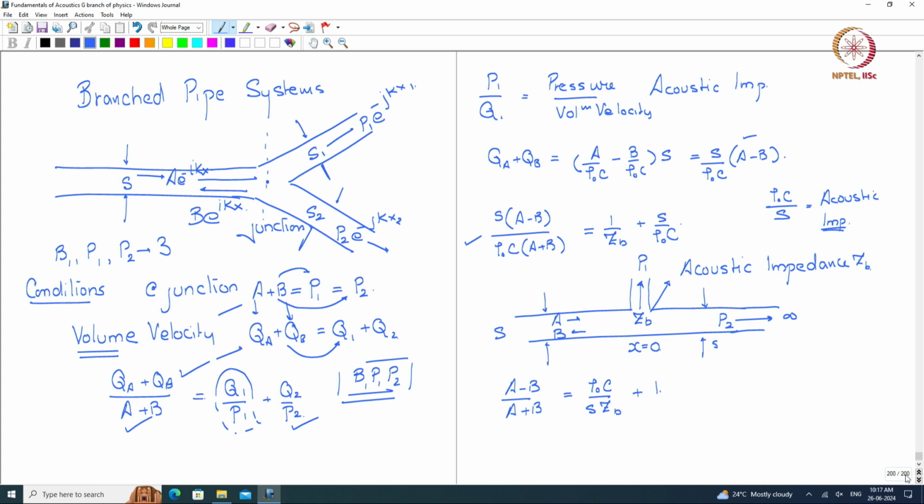Okay. From here we can get B by A, the reflection coefficient, as minus rho 0 C by 2S by rho 0 C by 2S plus ZB.